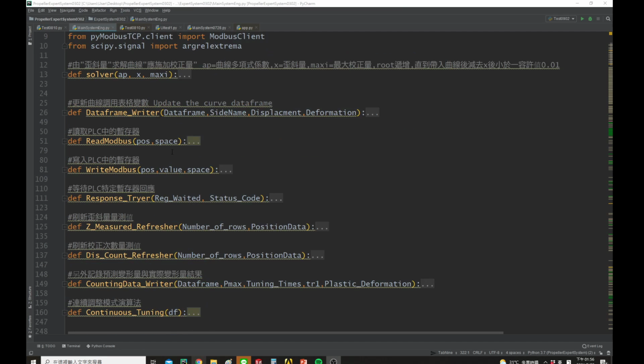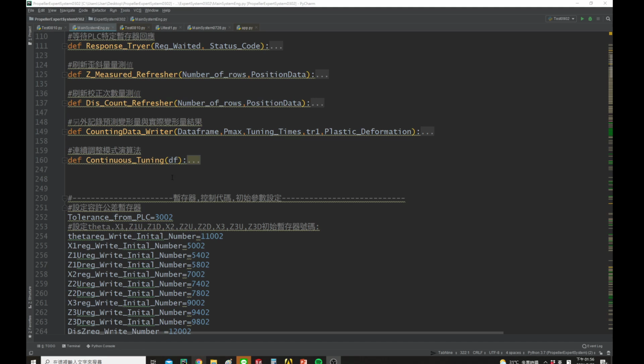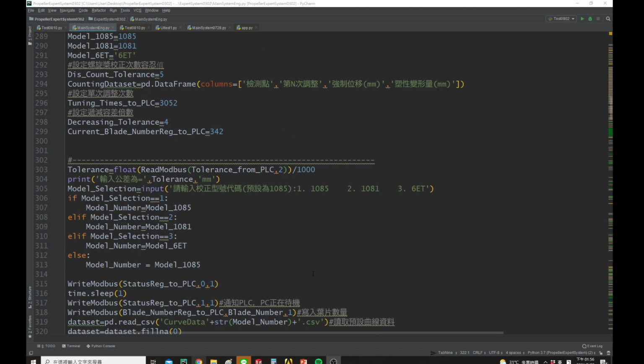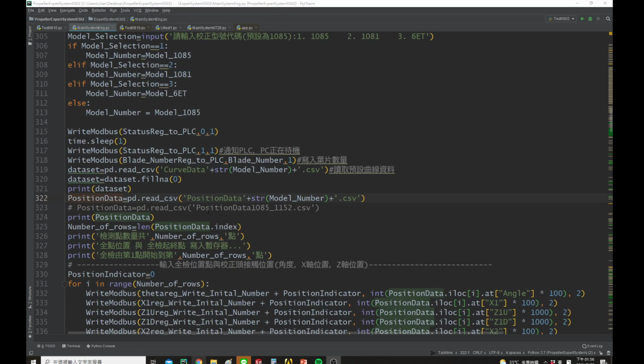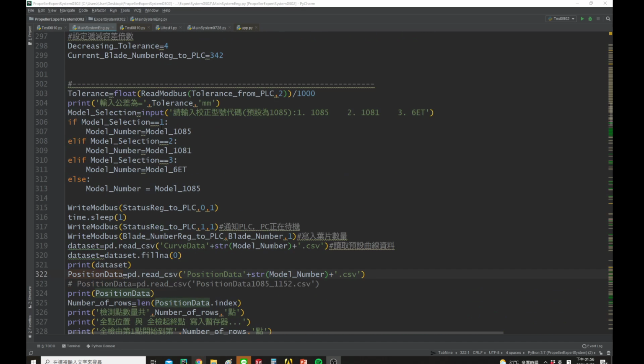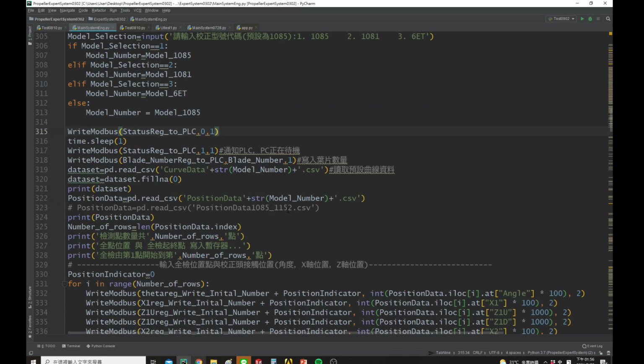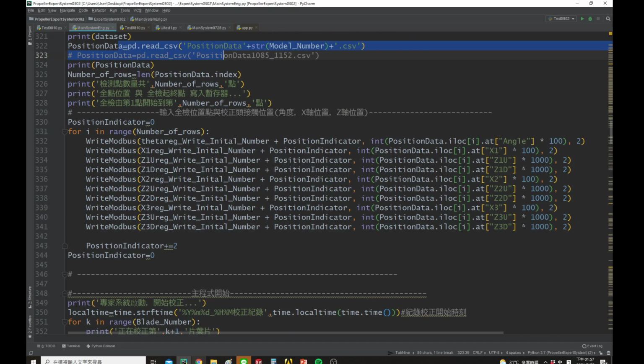Yesterday we talked about some initial parameter settings and the preparation of the initial setting. Here, first we read the curve data and the position data, and write the position data into PLC.